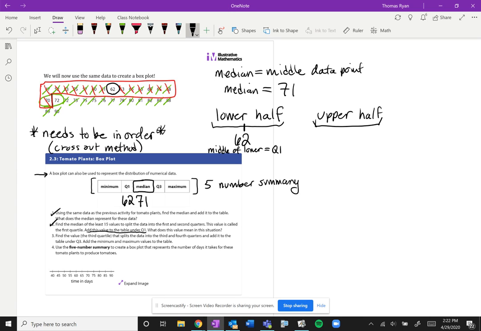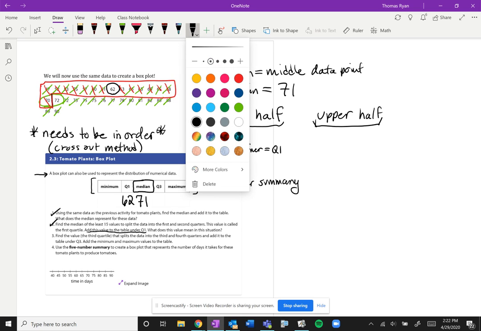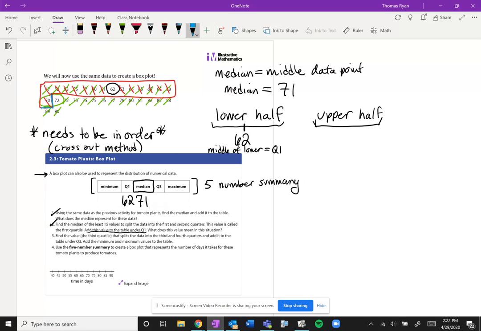Okay, there's step 2. Step 3 says, now we're going to find the middle of the upper half of the data. It says find the value that splits the data into the third and fourth quarters. In this case, the higher end. So we'll do the same thing. We'll use a different color. We're only going to focus on the upper half of the data. Same thing. Low, high, low, high, and so on.